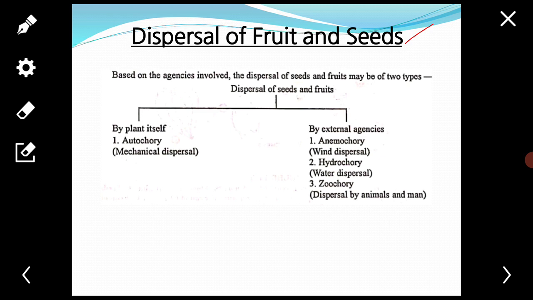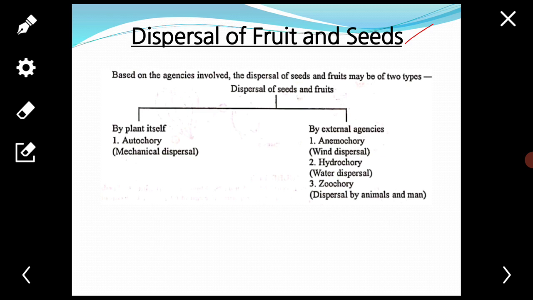The seeds are dispersed when liberated from dehiscent fruits, while in case of indehiscent fruits, this process occurs by the dispersal of whole fruits.